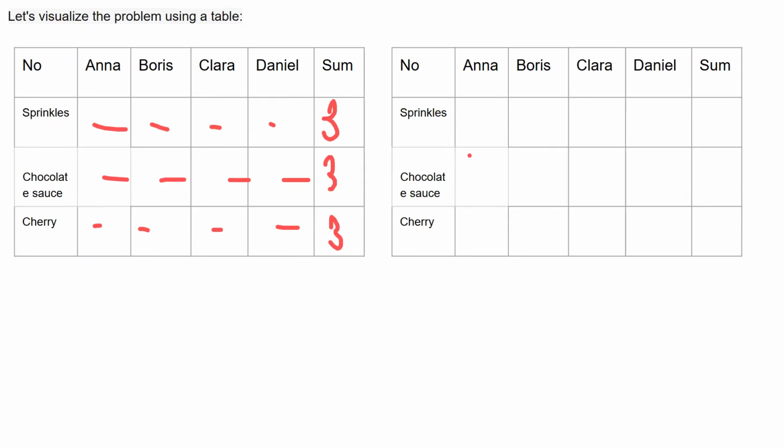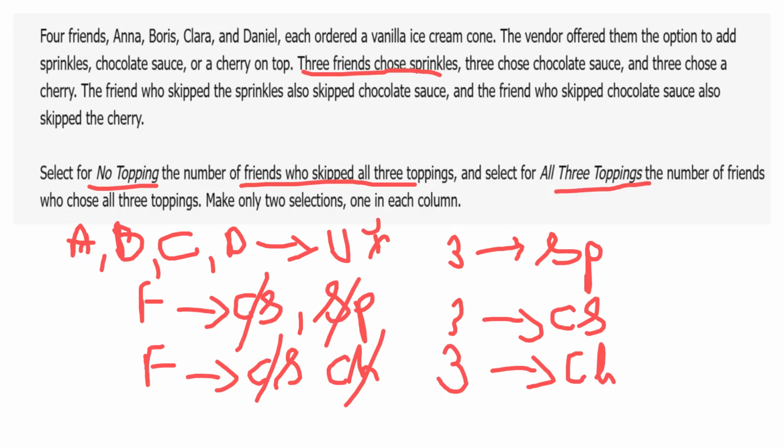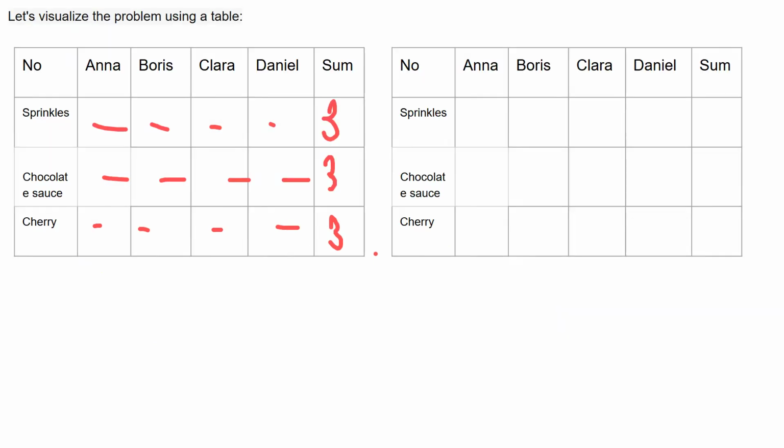Now let us go to the next step. There was a friend who skipped the sprinkles, who also skipped the chocolate sauce. So a friend who skipped sprinkles and chocolate sauce. Let us go back now and try to take this data into account. So what do we have here?